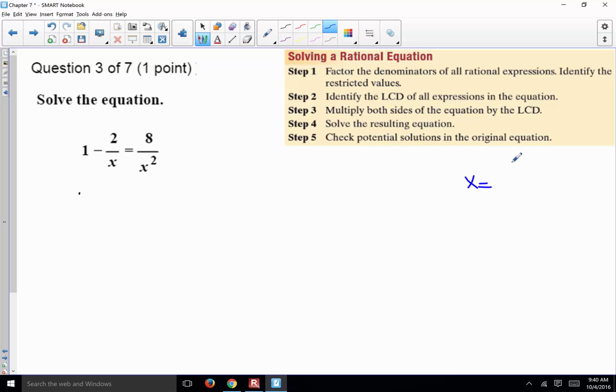Any answers? No? No? No? -2 and 4. Maybe, I don't know.